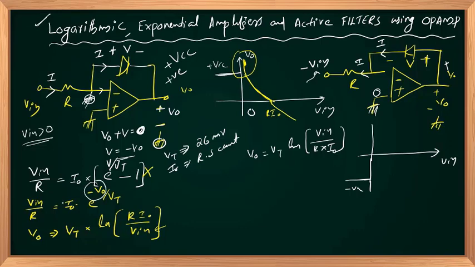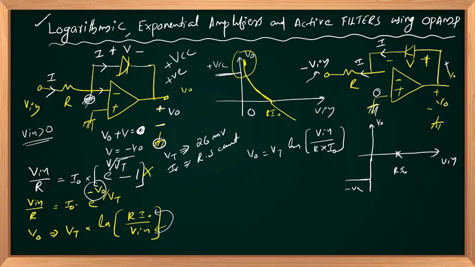It will become positive. And as your V in is positive, if that value is equal to R times I naught, the argument will become exactly equal to 1, so V out is equal to 0.